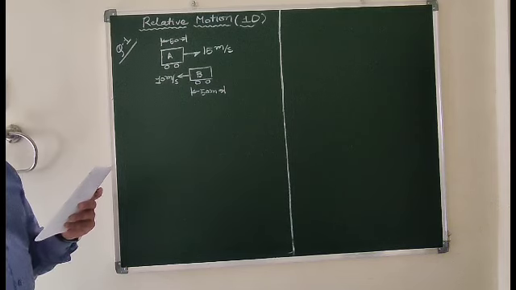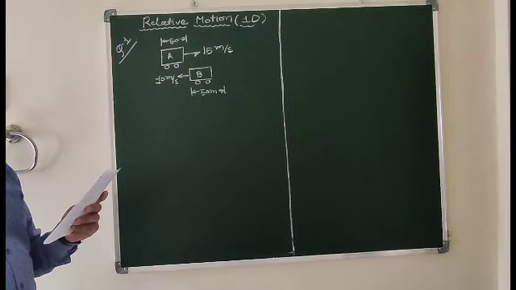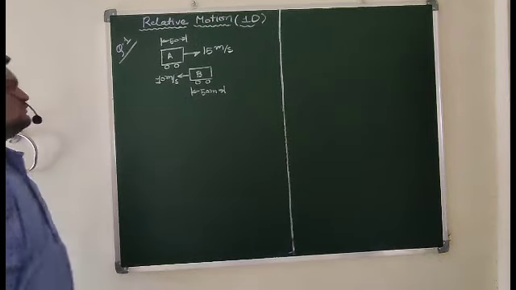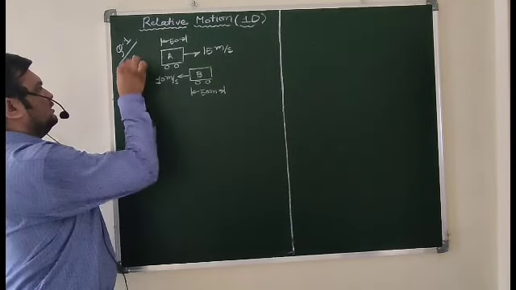Their velocities are 10 meters per second and 15 meters per second. They will cross each other in how many seconds? So this is case 1.